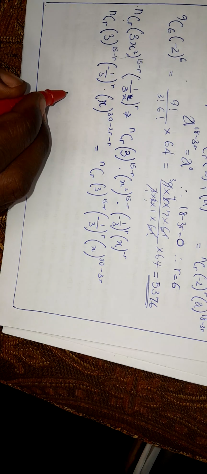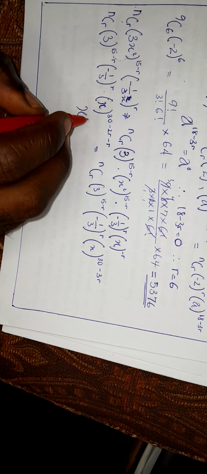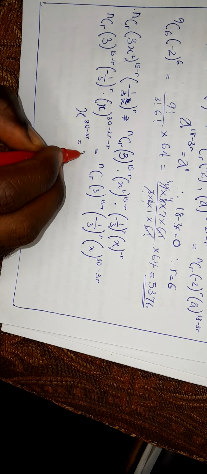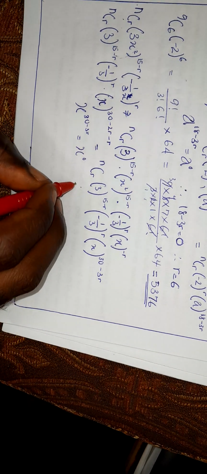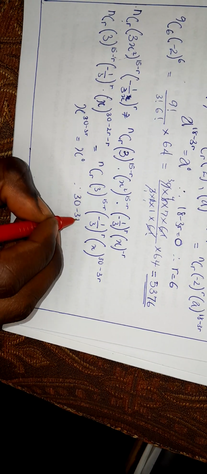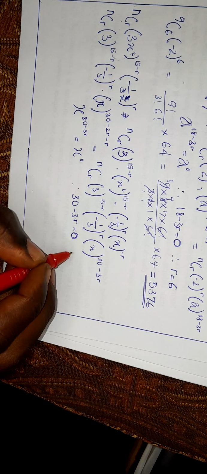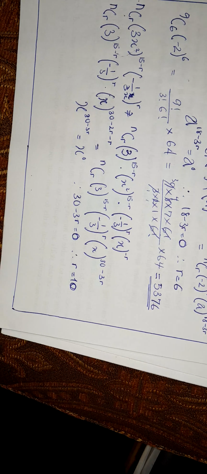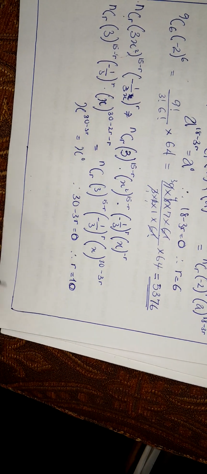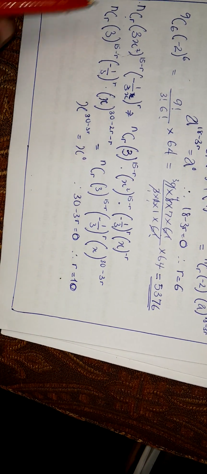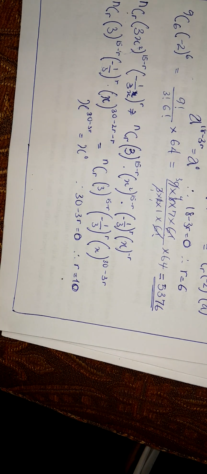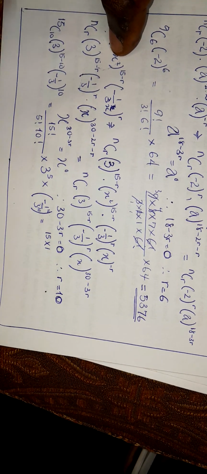Now since it's independent, it means x to the power of 30 minus 3r equal x to the power of 0. Therefore 30 minus 3r equal 0. Therefore r equal 10. Now I'm going to substitute the value for 10 in this, and it's going to look like this.